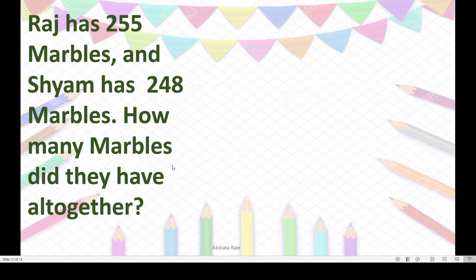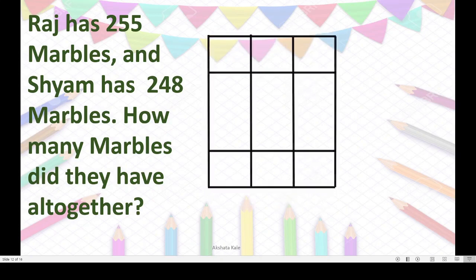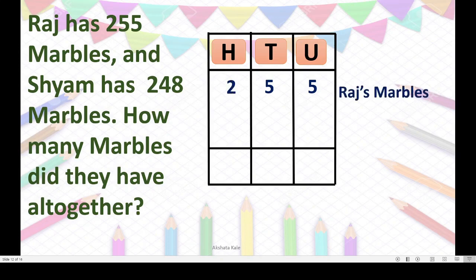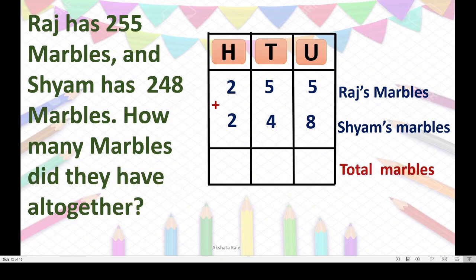Isn't it? Okay. Now we will go for the method. Here we will prepare a table. Now we will write unit place, tens place and hundreds place. You know how to write the numbers in vertical arrangement. These are Raj's marbles, and under that we will write 248, that is Sham's marbles. Correct? Now we will add these two numbers. Now 5 plus 8 is 13, isn't it?